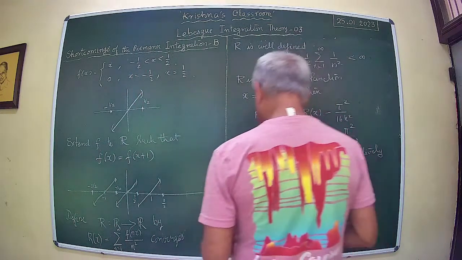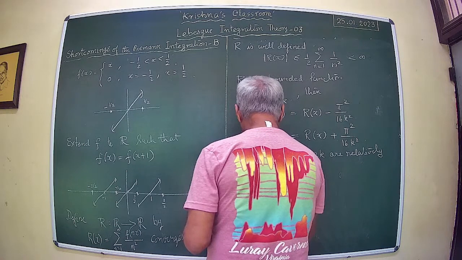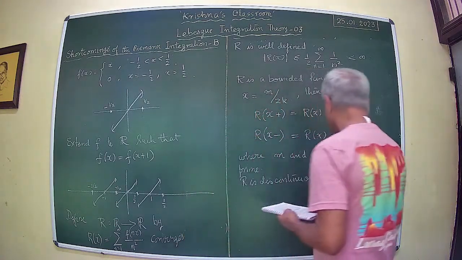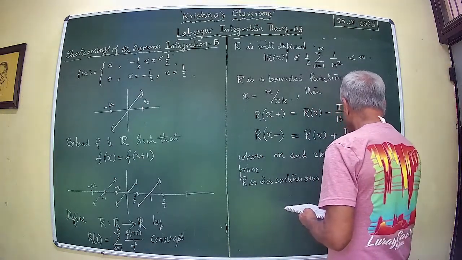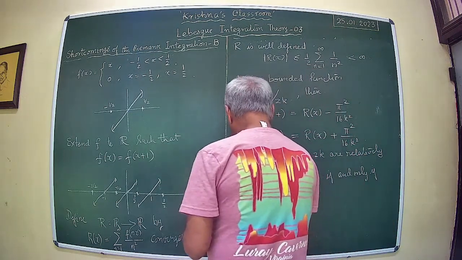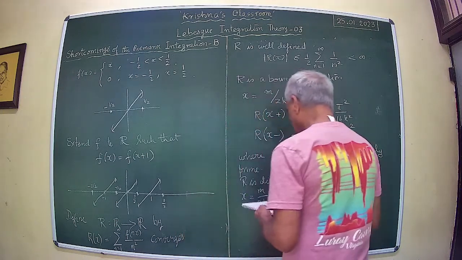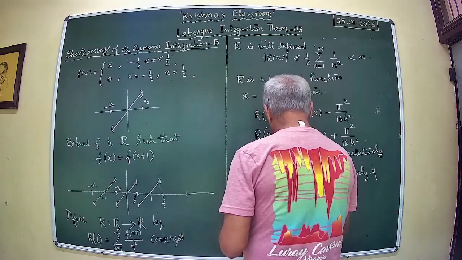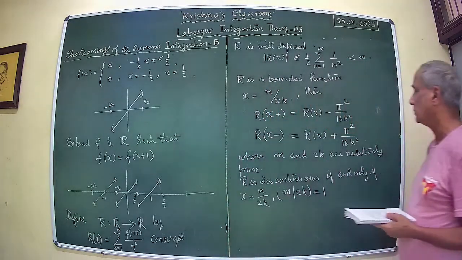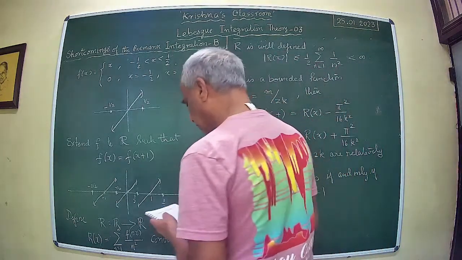So R is discontinuous if and only if x equal to m by 2k, where m and k are integers, of course, running over all integers.